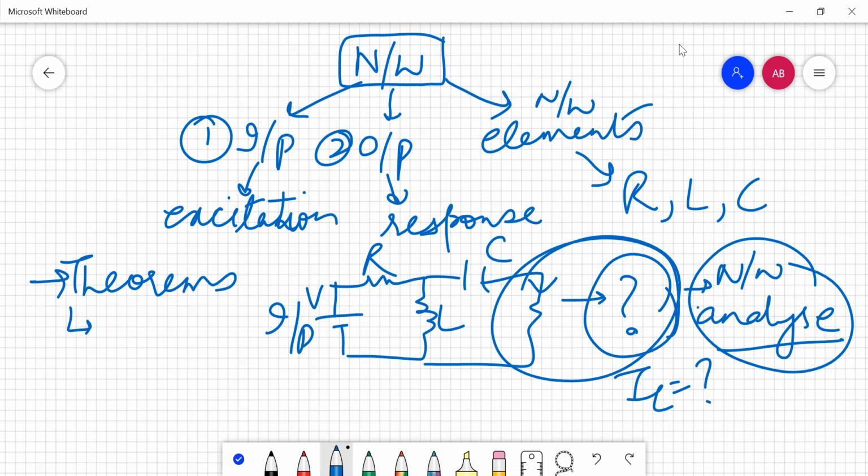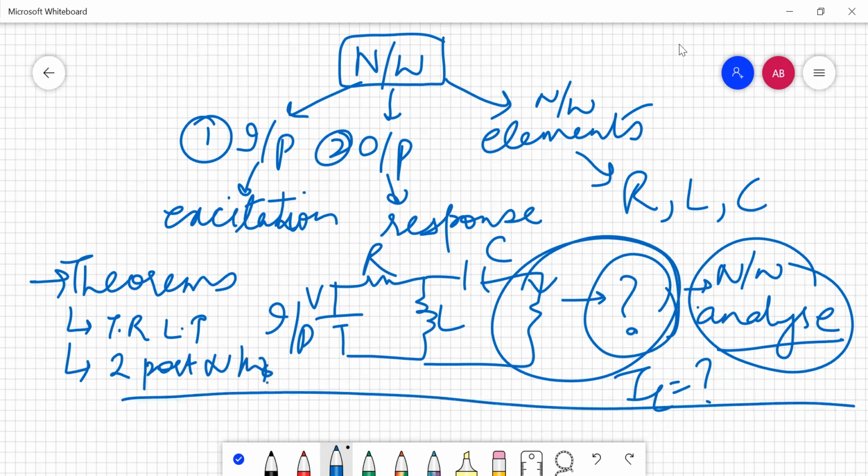Then you also came to know about the transient response of circuits using Laplace transforms, and we also discussed two-port networks. All these methods are covered under network analysis. So then what is network synthesis?